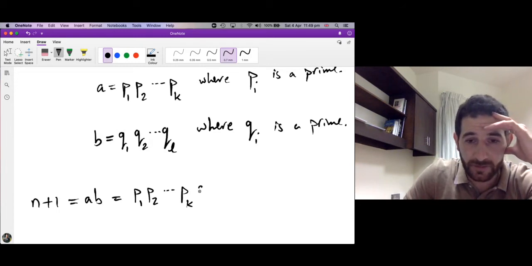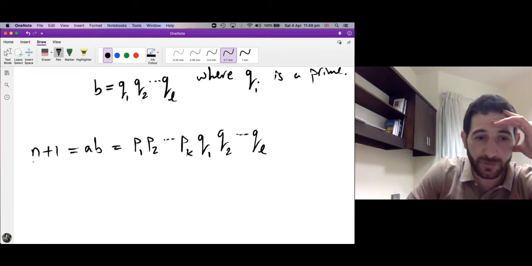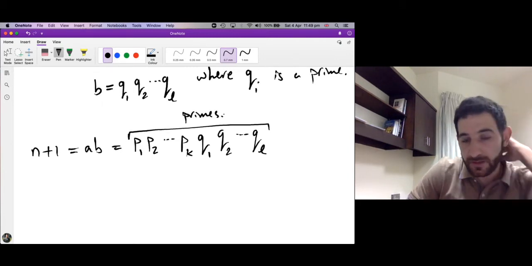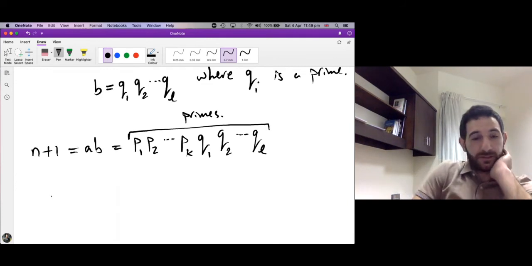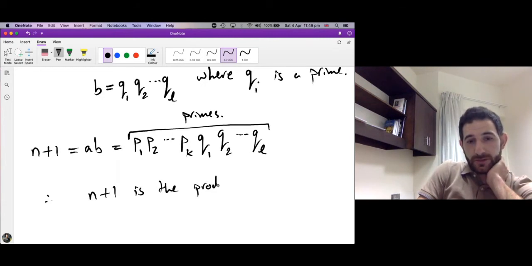It is the product of the primes Q1, Q2 up to QL. So this shows that n plus 1 is the product of prime numbers.